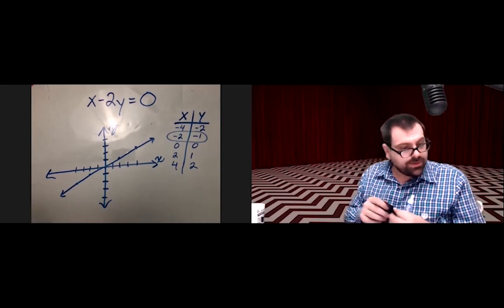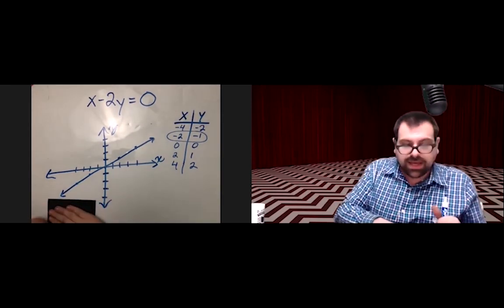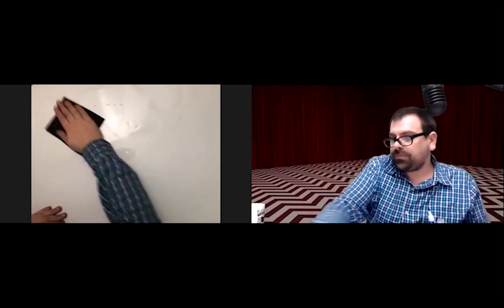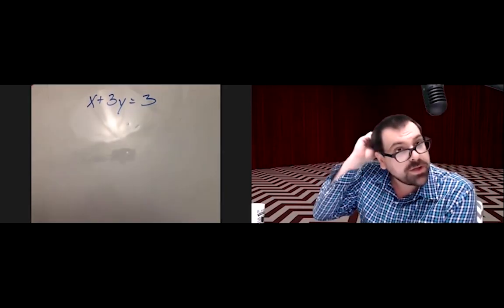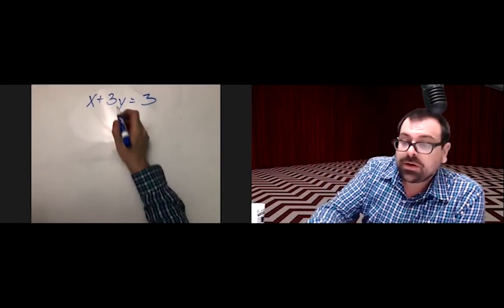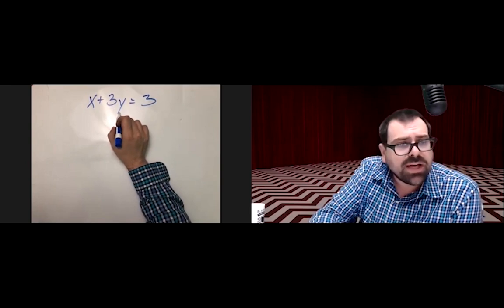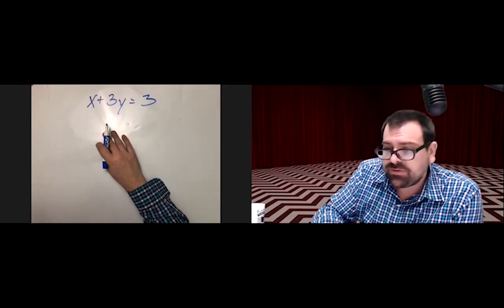Let's do another. Let's do x plus 3y equals 3. Well, I could just start picking a bunch of x's, but seeing that y is multiplied by 3 here, that tells me that there's going to be some weird dividing by 3 stuff going on.